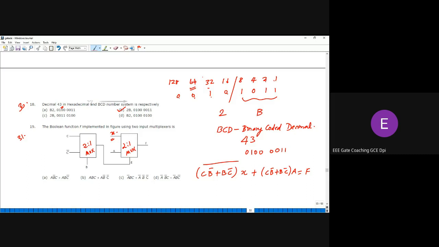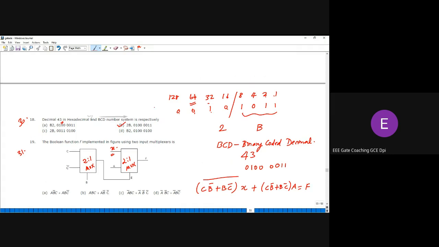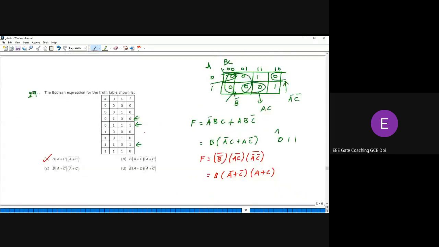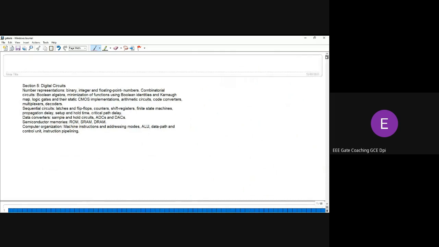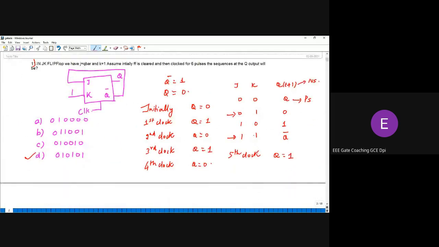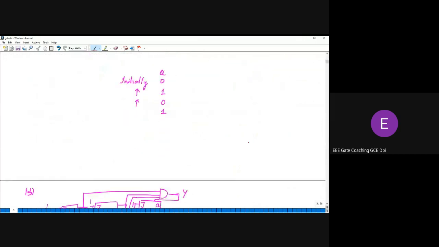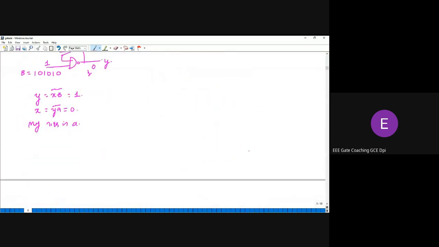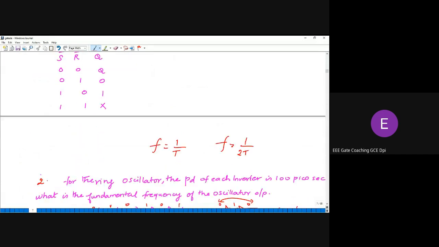So I hope you have understood something relevant to digital electronics. What all I have discussed is mod counters, JK flip-flops, a few problems on JK flip-flops, then a few topics in number systems, right?